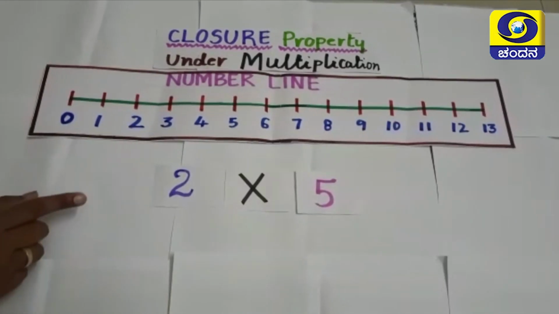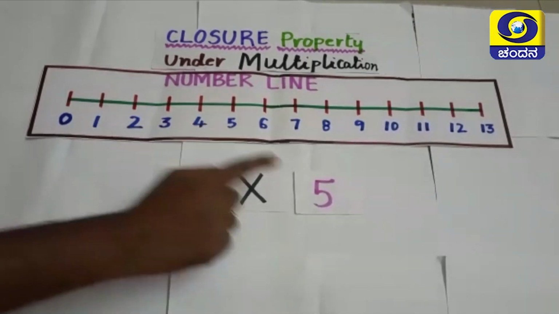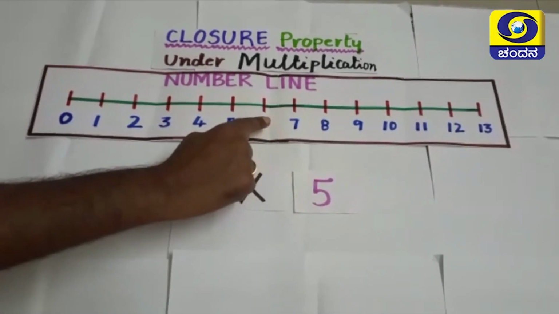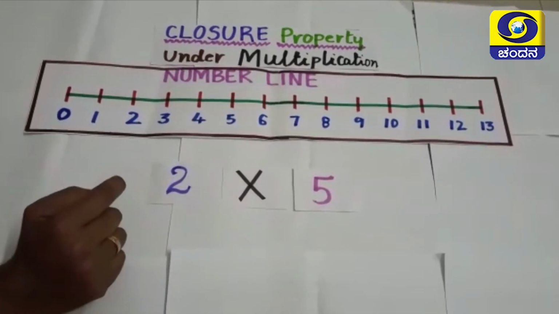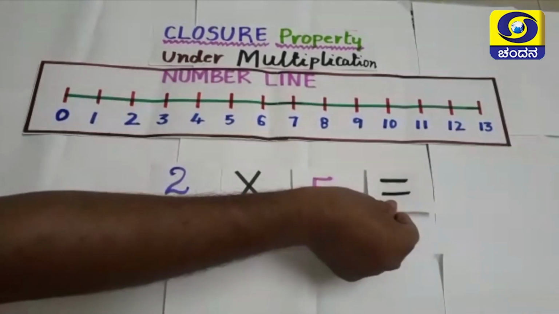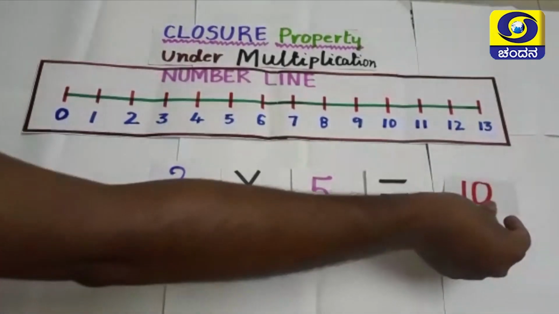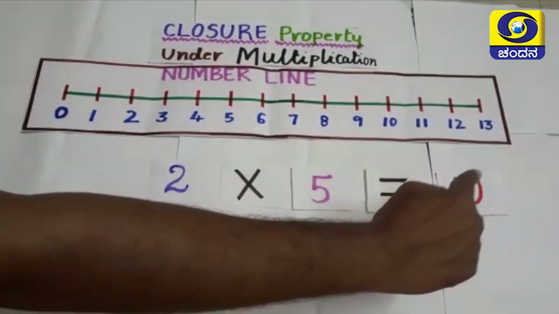So you can observe that 2 is a whole number which is present in the number line. 5 is also a whole number which is present in the number line. Is it correct, children? Now, the product is 10. Is it correct? 2 into 5 is equal to 10.